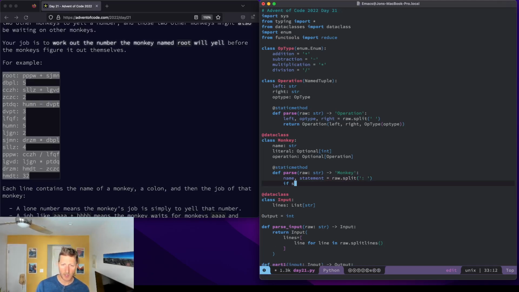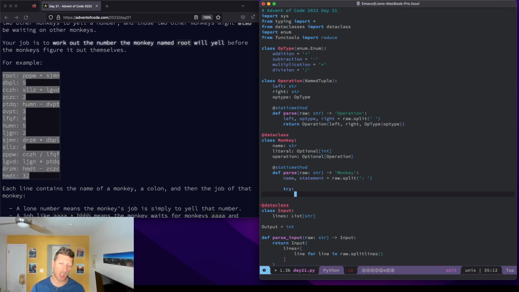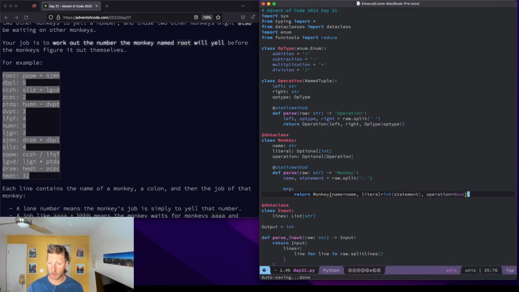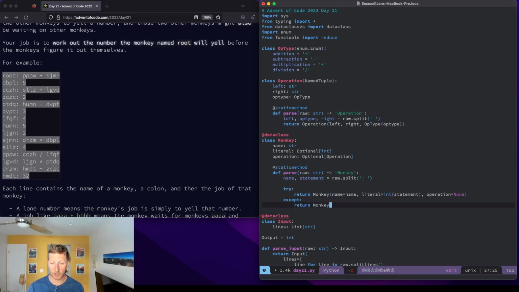And we'll use the Pythonic way, try: return monkey name equals name, literal equals int statement, operation equals none. Except: return monkey name equals name, literal equals none, operation equals operation.parse statement.